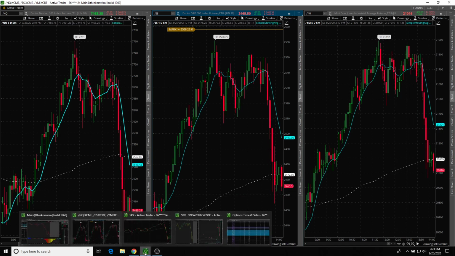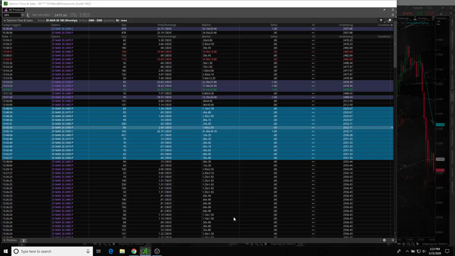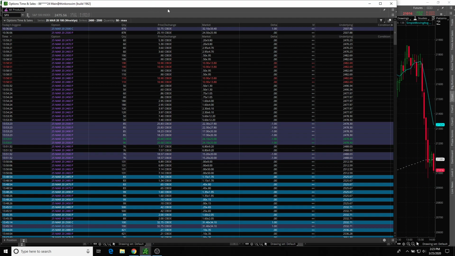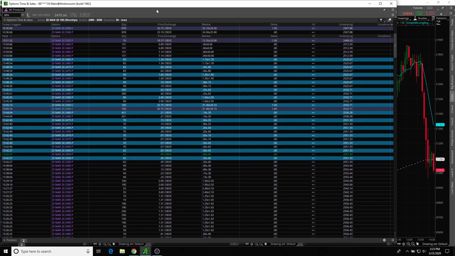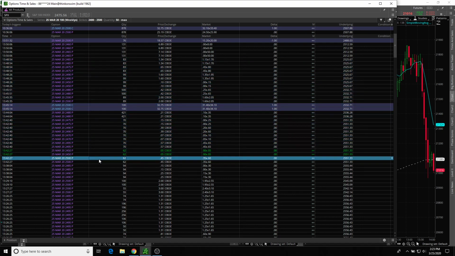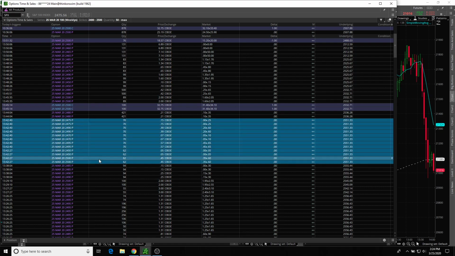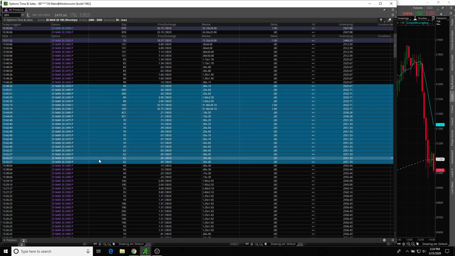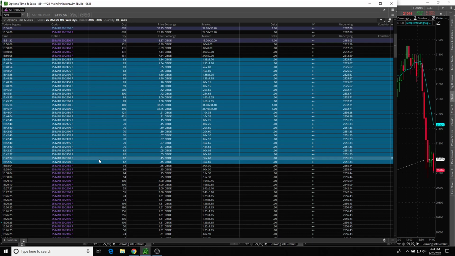Also at the same time, I have a filter running, and the filter I'm going to show you is S&P options that expired today, March 25th. And what I've highlighted in this section here for you, I'll highlight again. Highlighting some specific rows.